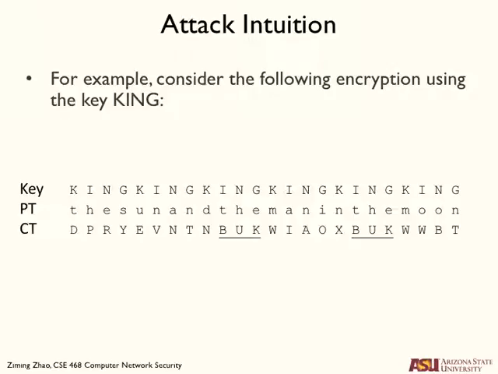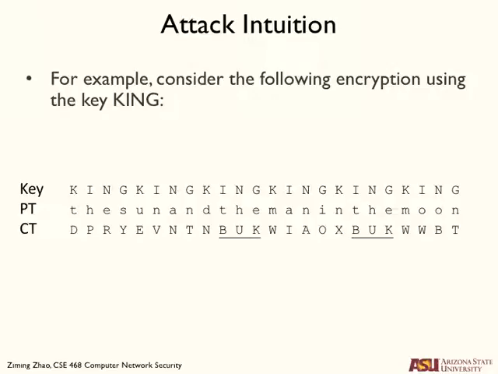For example, here we find BUK twice. We have this BUK because the key is the same, they are all ing, and the plain text parts are also the same.